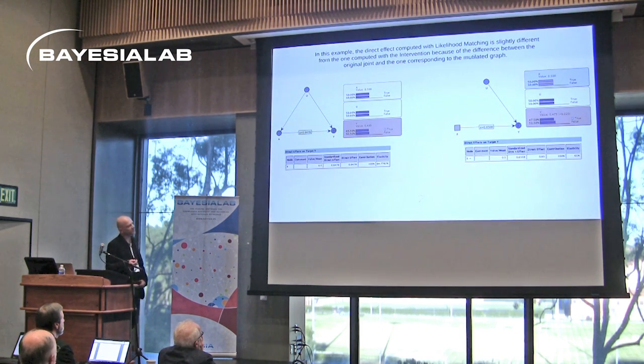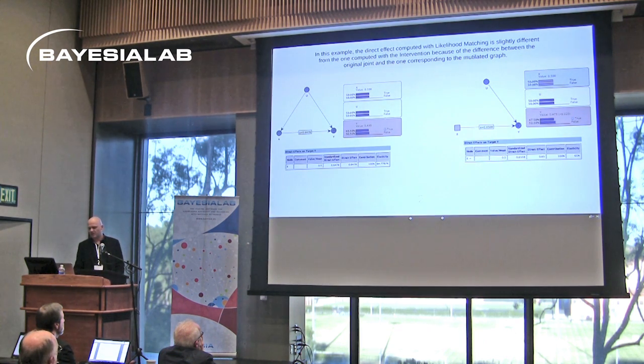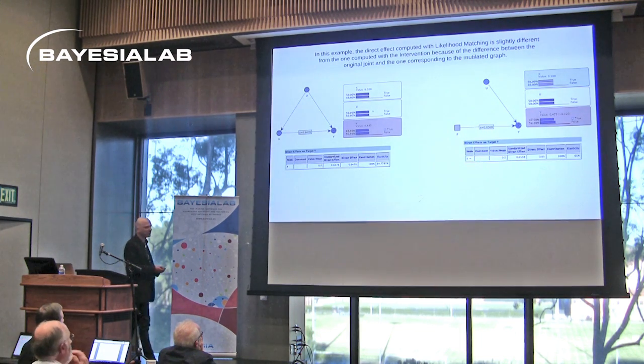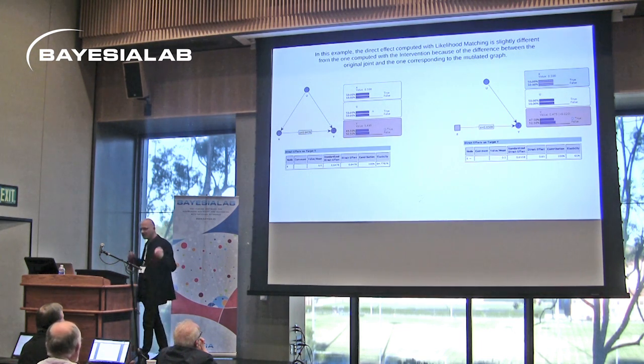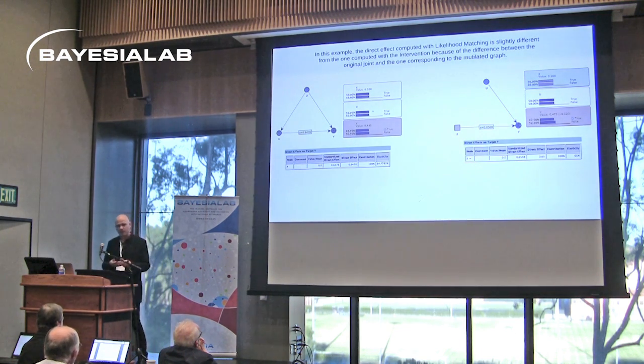And the thing is, when I'm computing the direct effect with likelihood matching, I'm just fixing the probability distribution of U. So let's suppose I want to test the direct effect, not of what we call a hard intervention, but of a soft intervention.